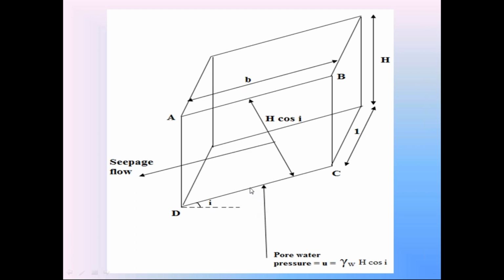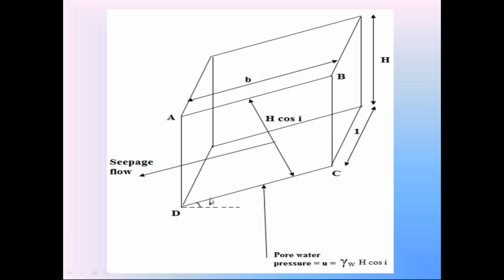So this remaining angle is 90 minus I. So this pore water pressure with the line CD making the angle 90 minus I, we can resolve this pore water pressure U on the line CD into two components. One component perpendicular to line CD, other component parallel to line CD.